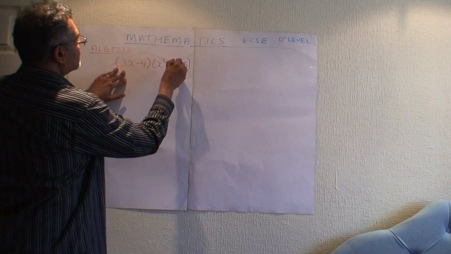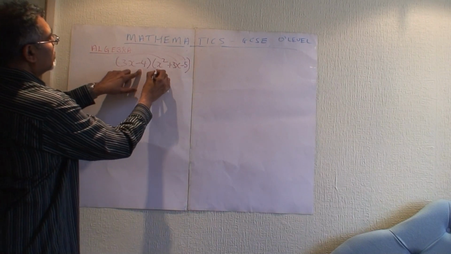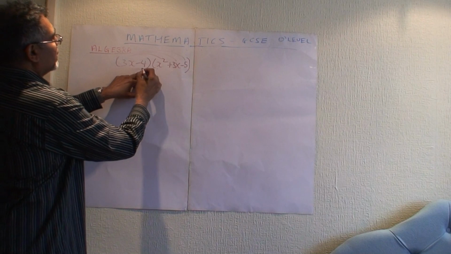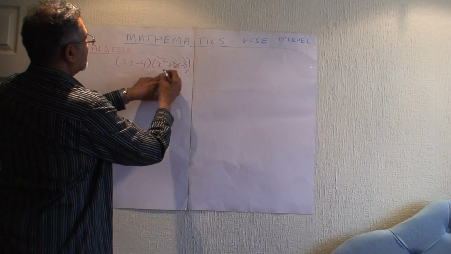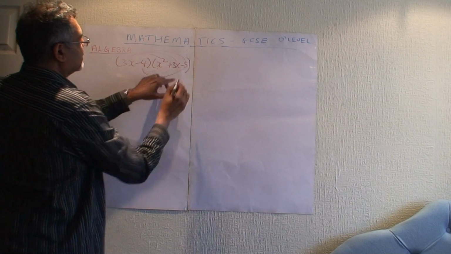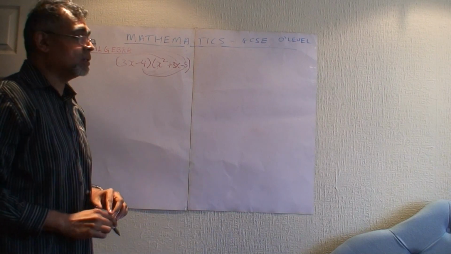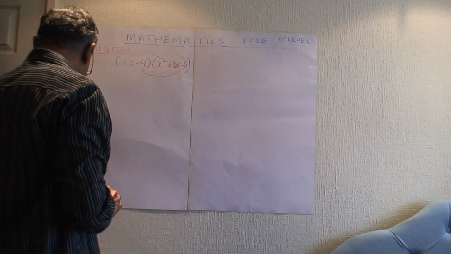It also multiplies with 3x. The 3x also multiplies with the minus 5. Minus 4 again multiplies with x squared, it multiplies with 3x, and negative 4 also multiplies with negative 5. Okay, so that is how it's done. So let's do that.